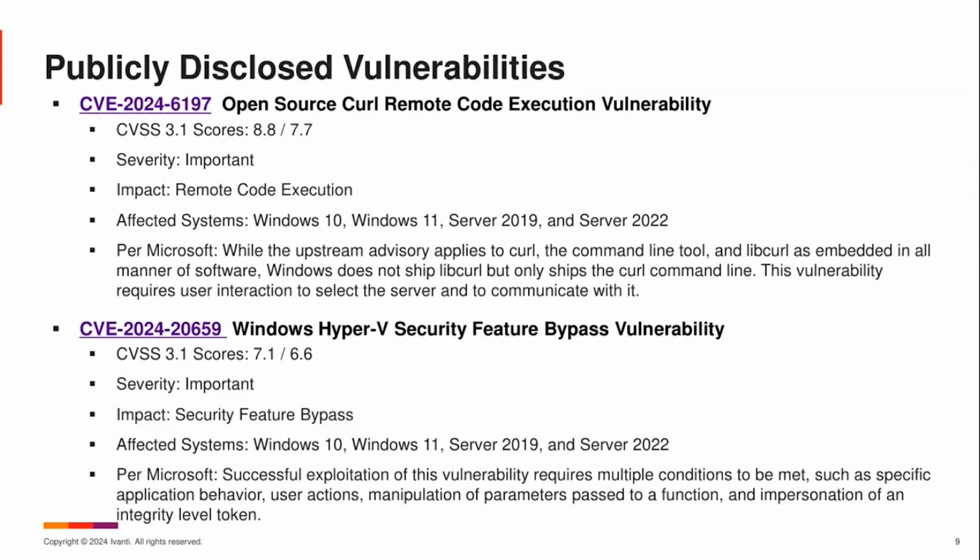All right, we did have three other vulnerabilities that were publicly disclosed, but there's no exploitation currently going on for these. The first one is another open source curl vulnerability. So the Windows version of curl has an update available.